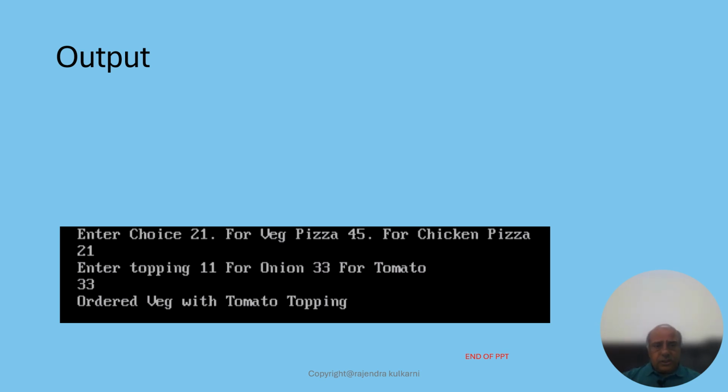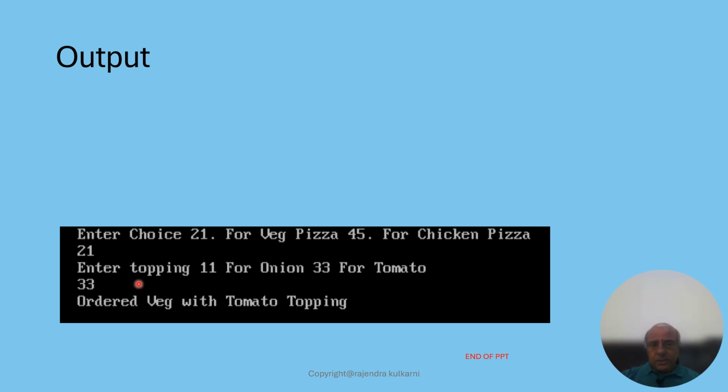In the first trial run of the program, when the program prompted me to input my choice, I entered 21 as my choice, which is for veg pizza. After entering 21, switch choice 21 started executing.